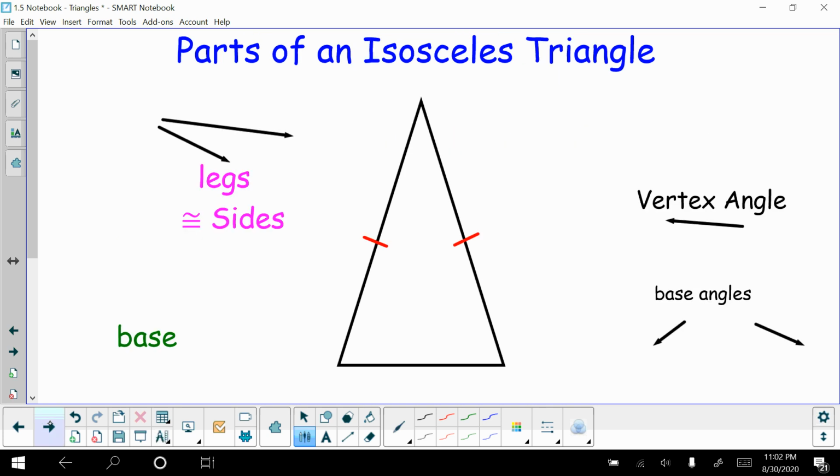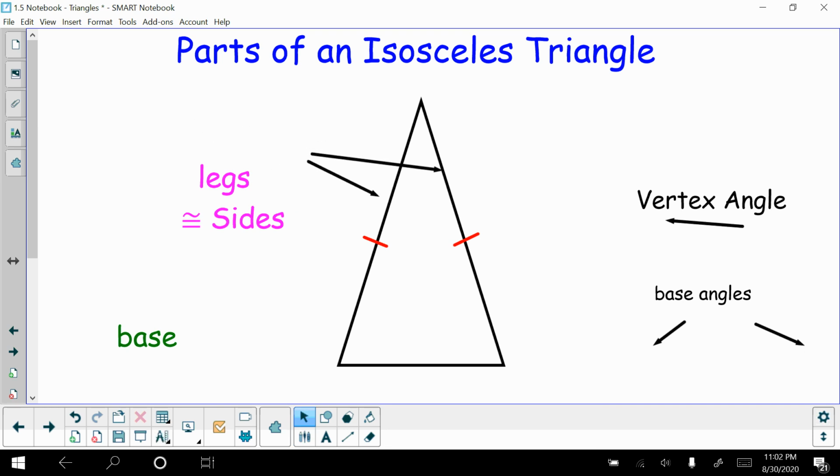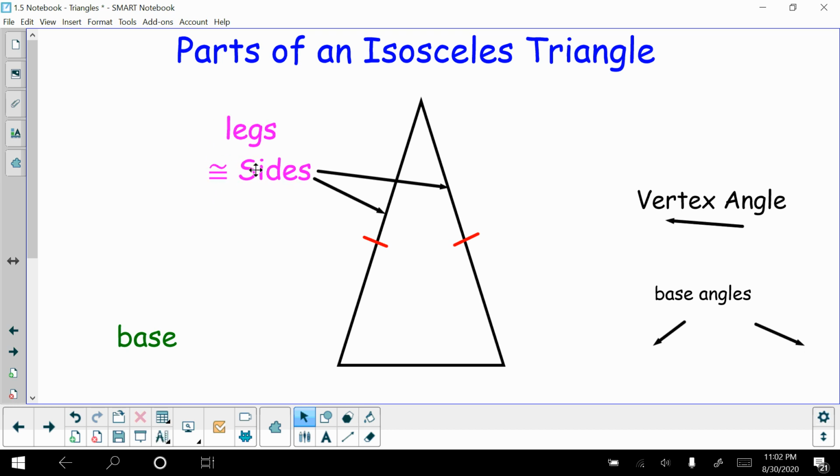Some important parts that we want you to know about the isosceles triangle. You'll hear your teacher say these particular terms, and so you got to know which part they're talking about. So the obvious ones, these two sides here, okay, they're going to be referred to as the legs. Okay, sometimes some teachers say the legs or just the congruent sides. So this one and this one are known as the legs or the congruent sides.